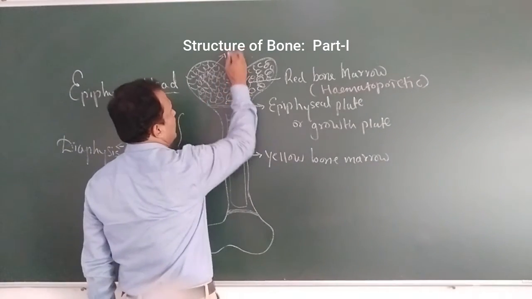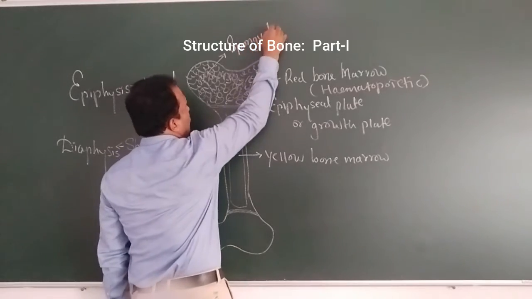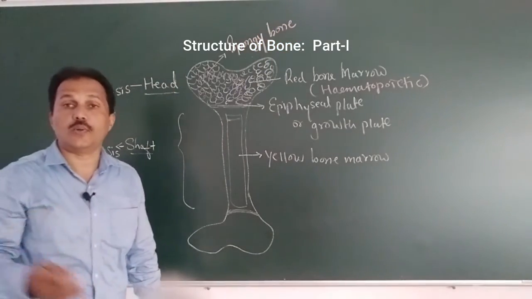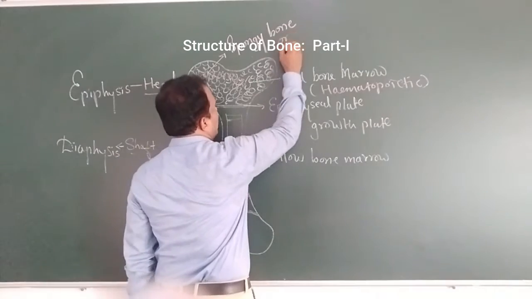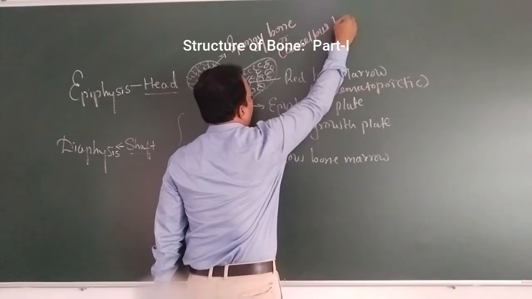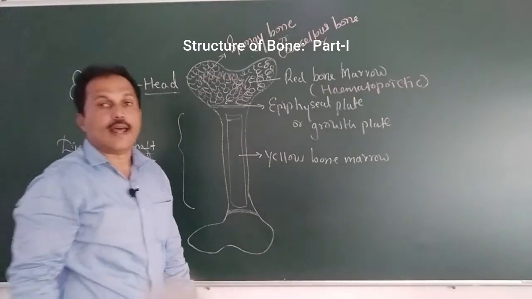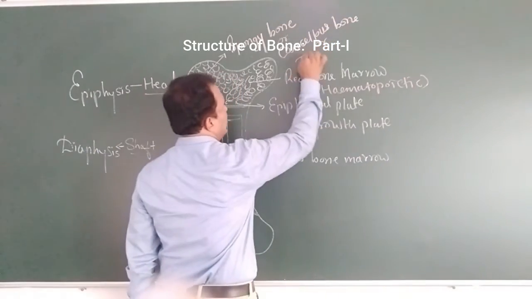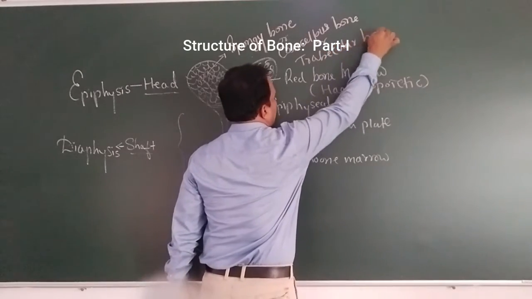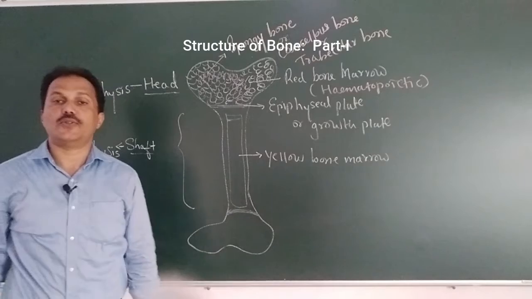Inside the cavities, that is known as spongy bone, or it is also known as cancellous bone, or it is also known as trabecular bone. These are the three names given to the spongy bone. This is a type of spongy bone.